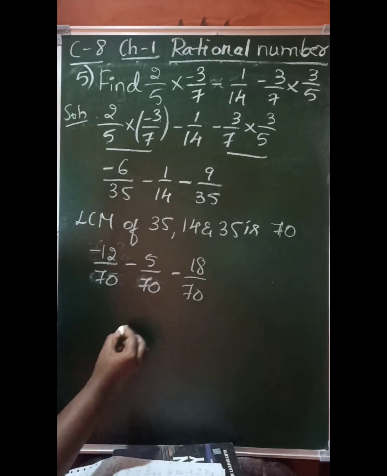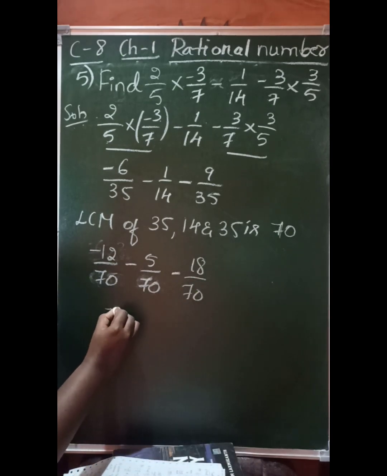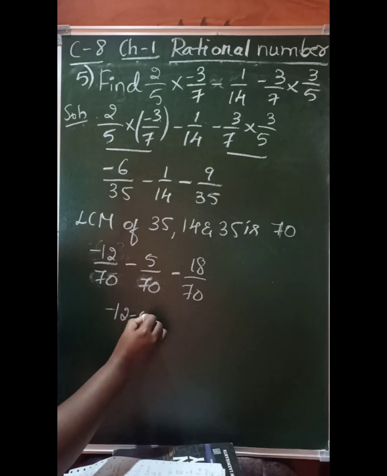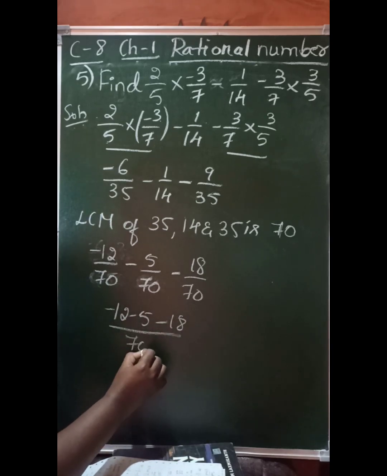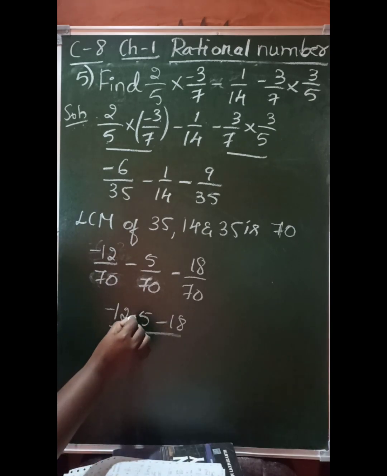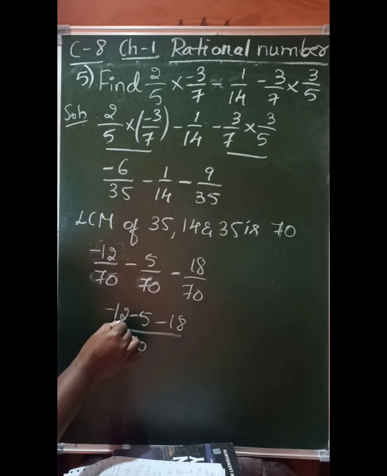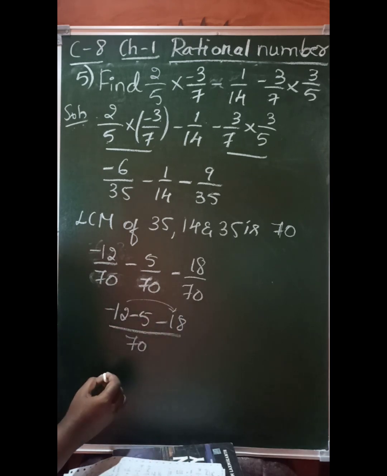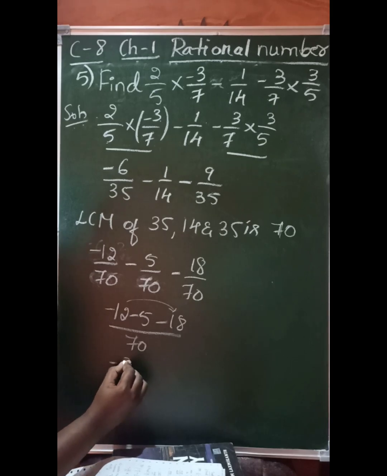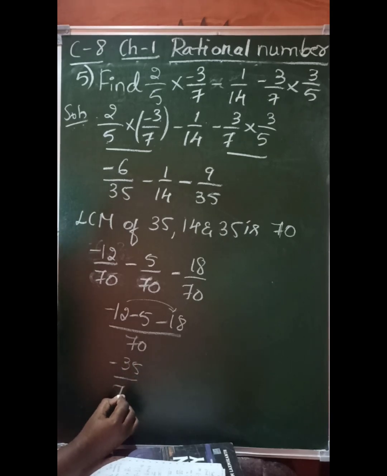Now denominator is same, write numerator. So minus 12 minus 5 minus 18 whole divided by 70. As all the numbers are negative, add it up. So 12 plus 18 is 30 plus 5, 35. So minus 35 by 70.